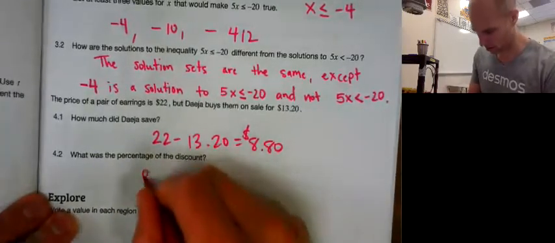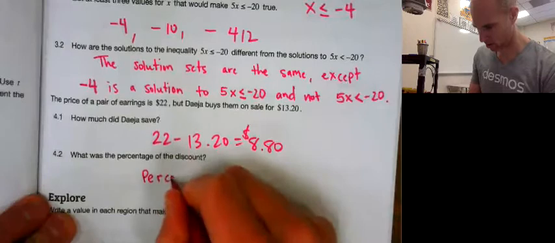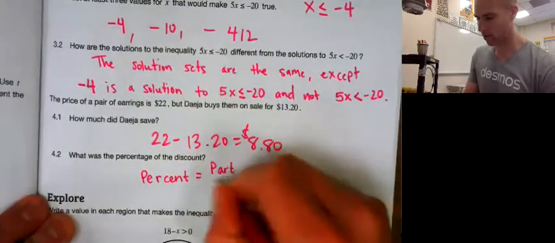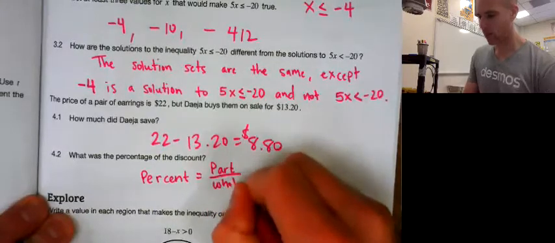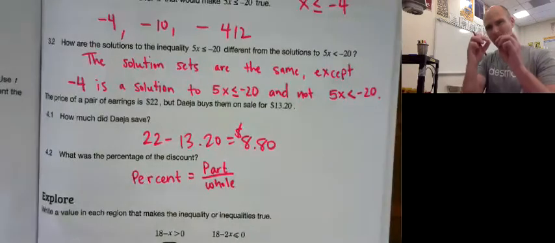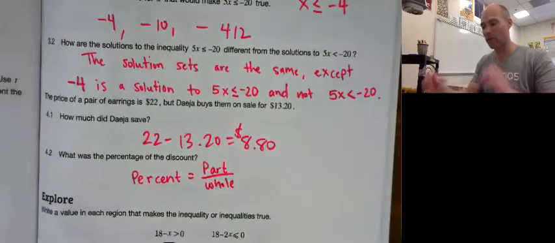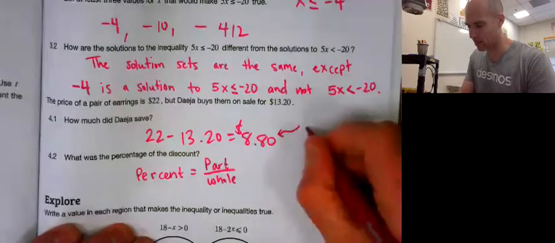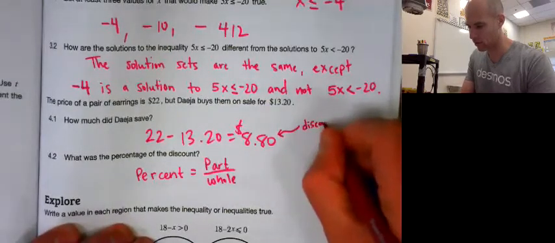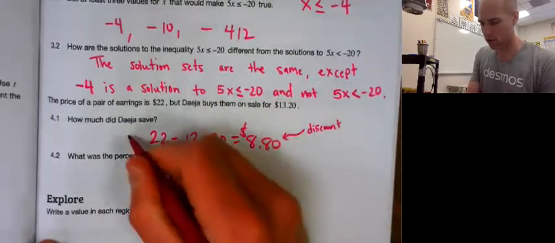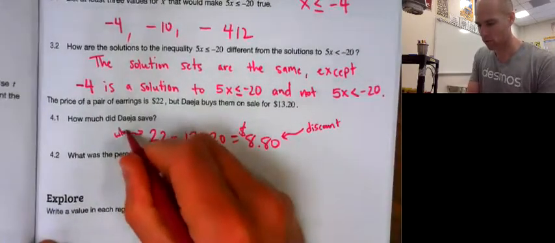Percent equals part divided by whole. And so in this case, we want to find out what is the discount amount out of the whole original price, right?